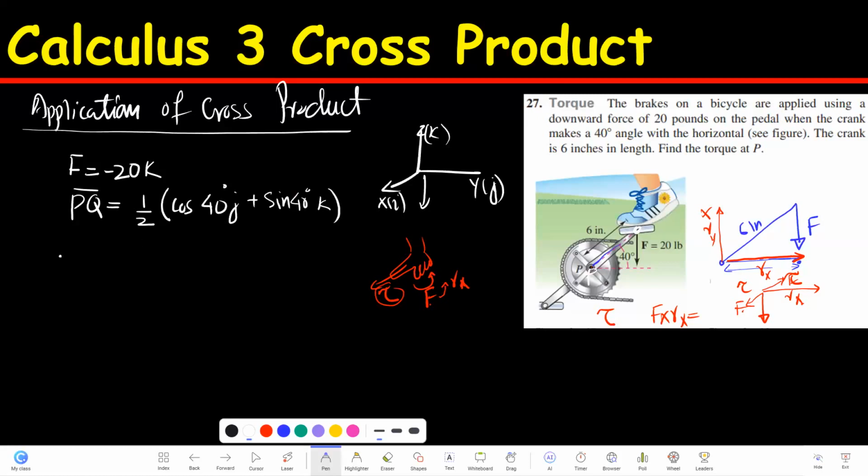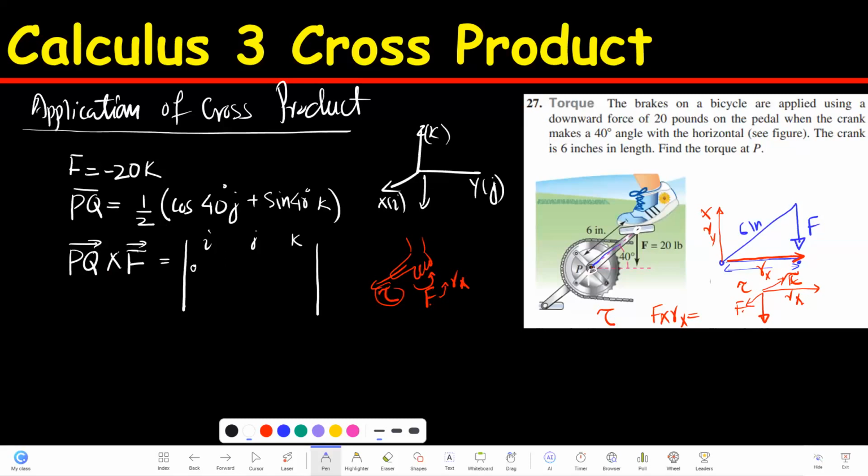Now I'm going to take the cross product. So the cross product is PQ times force, equal to I J K. Make sure you always do this: PQ times force, right? Not F times PQ. It's going to change the direction.